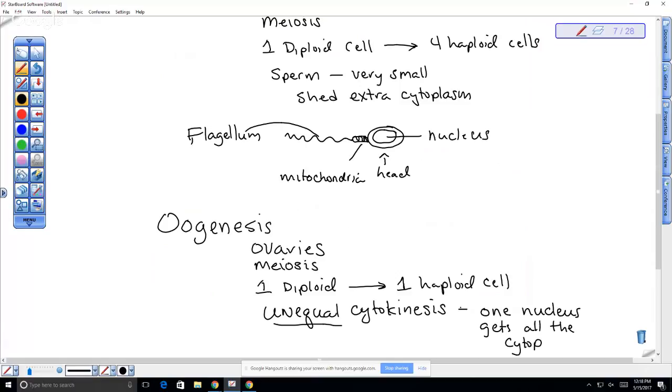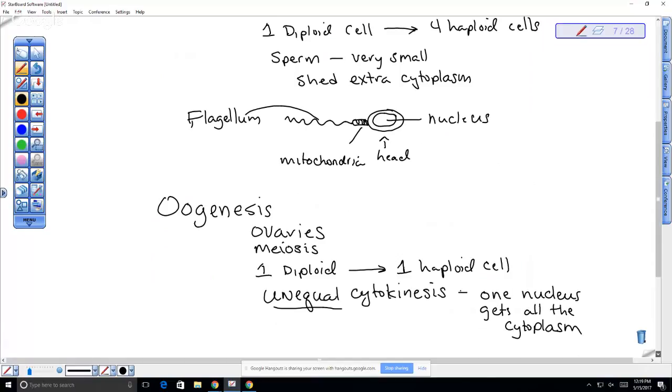Because we need large eggs, because if you think about it, for the first week, that's the nutrition of the embryo. And the egg has to divide and divide and divide and produce a multicellular embryo before it actually implants in the uterus. So it needs lots of cytoplasm to start out with. Okay, so that's why the egg is big, because it is providing the nutrition for early embryonic development.